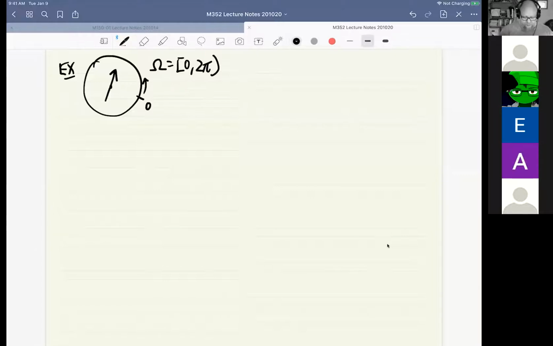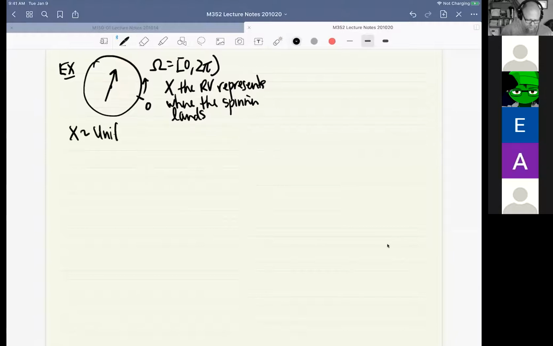And of course, this 0 to 2 pi represents the radian measures going around the circle. So 360 degrees is 2 pi radians. So if our X is a random variable that represents where the spinner lands, it turns out X is uniformly distributed on the interval from 0 to 2 pi.